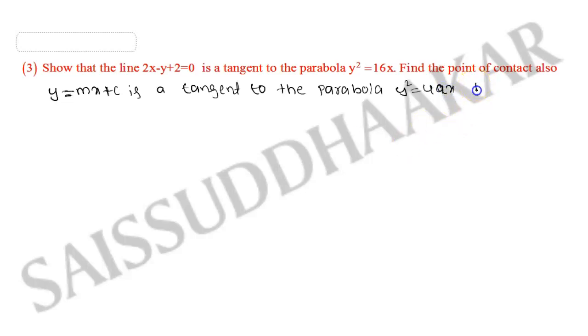Then the condition is c is equal to a by m. This is the condition. A line touches or is tangent to the parabola y square is equal to 4ax when c is equal to a by m.